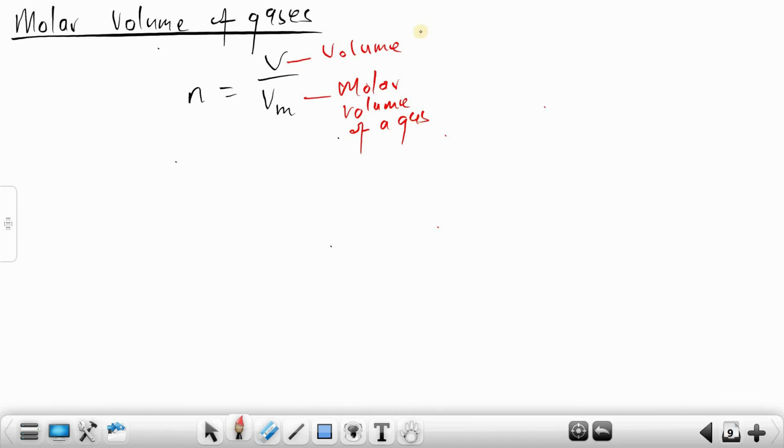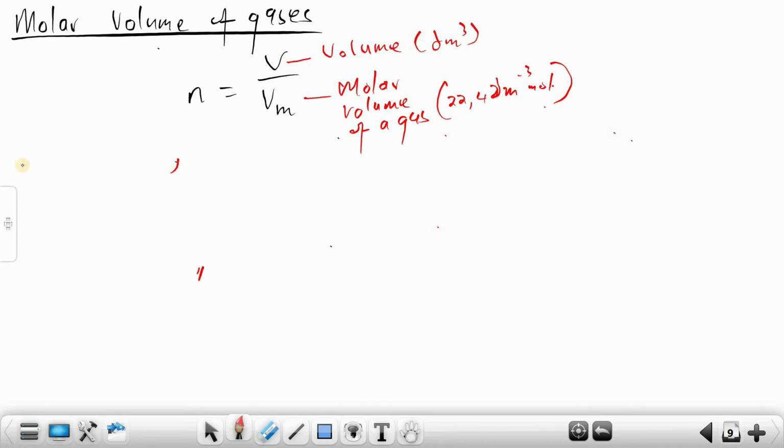The volume must be in decimeter cubed, and Vm is 22,4 decimeter cubed per mole. So if this is the information given, when will I know when to use this equation?